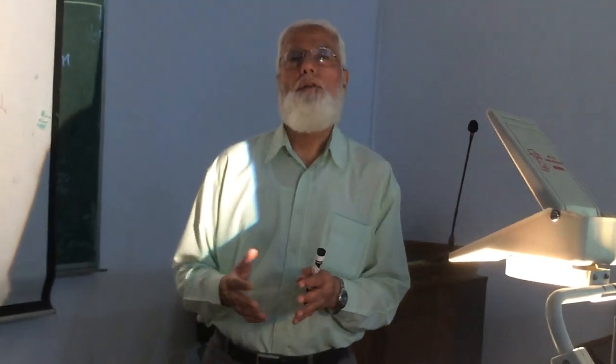Now normally there is a balance between dopamine and acetylcholine. When there is deficiency of dopamine, the excitatory influence overrides in the caudate and putamen, and this results in features of Parkinson disease.